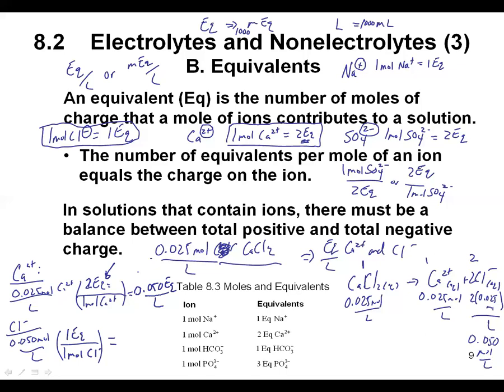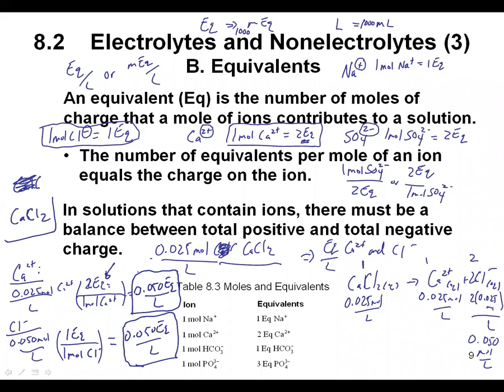And just to finish up about equivalence, as we were talking about last time, when we look at an ionic solution that contains 2 ions, like calcium chloride, and we calculate the equivalents per liter, and if we were to convert both of these into milliequivalents per liter, they both would end up with the same number.